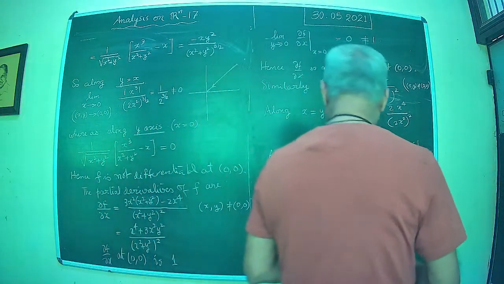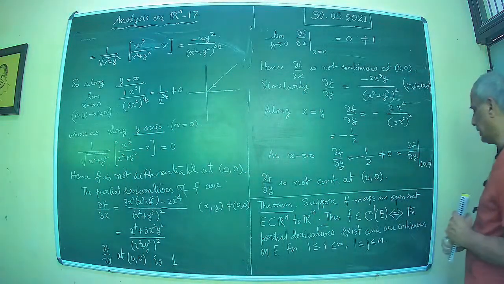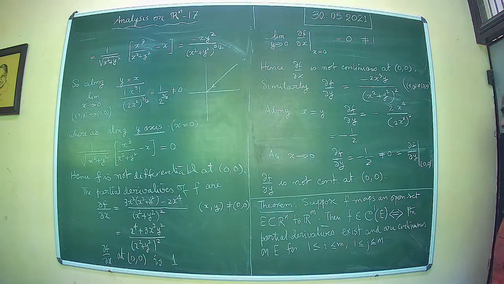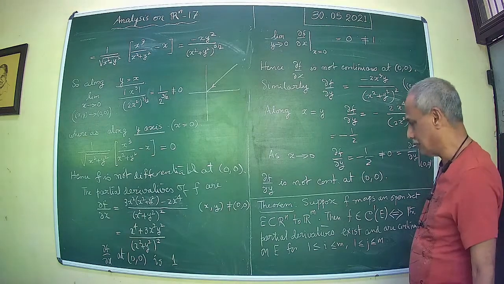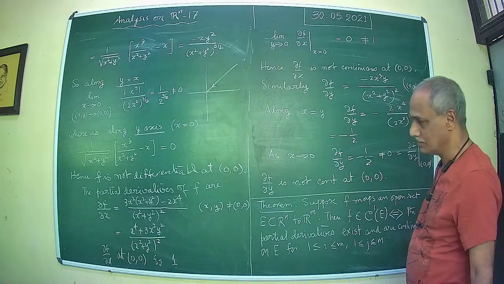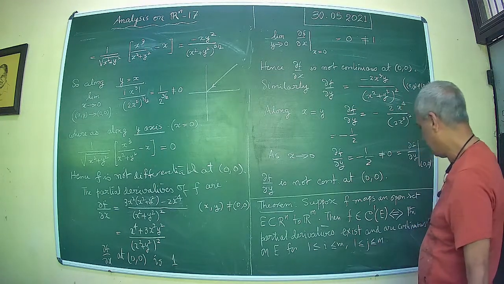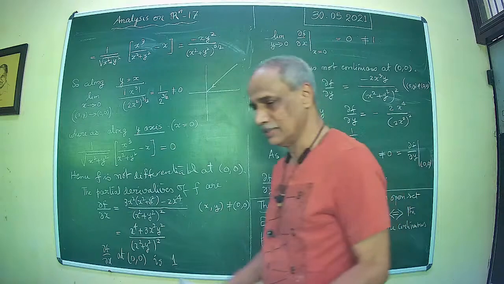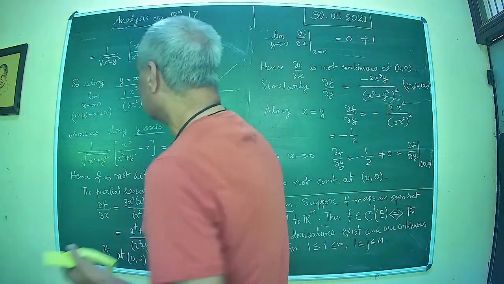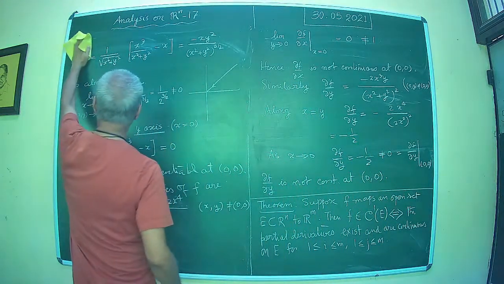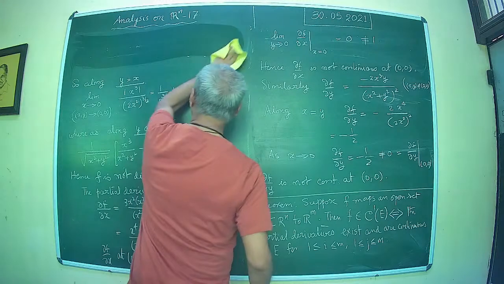So if the partial derivatives exist and are continuous, then the function is a C1 function. Conversely, if the function f is a C1 function, then the partial derivatives exist at every point and are continuous. This is a sort of necessary and sufficient condition for the existence of a C1 derivative.